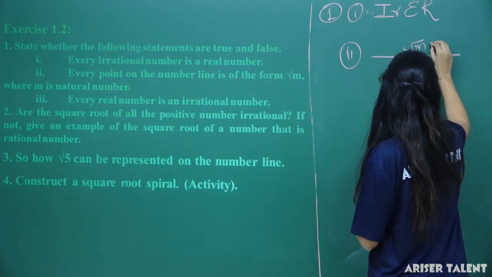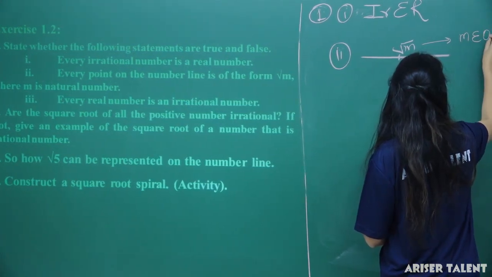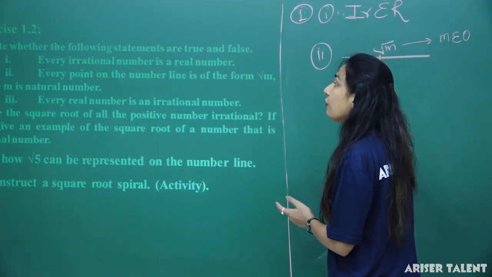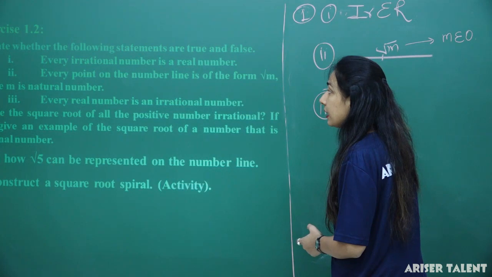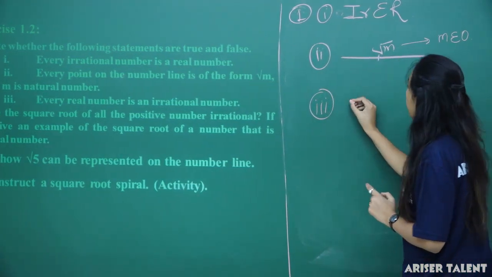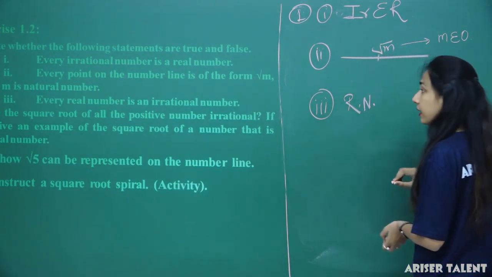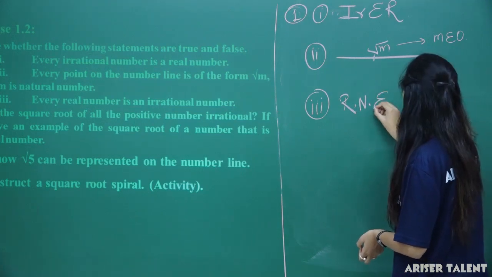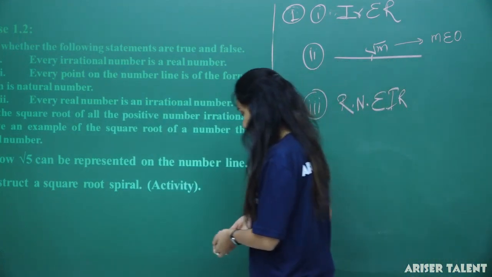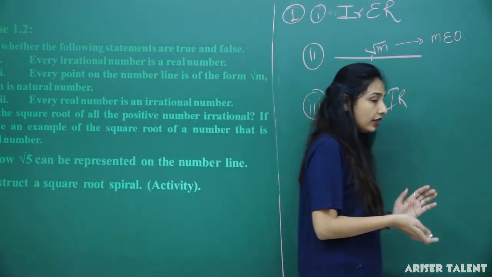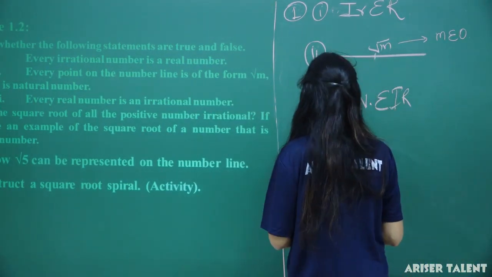The third: every real number is an irrational number. These are the 3 points we are talking about. So moving towards our first one, every irrational number is a real number.